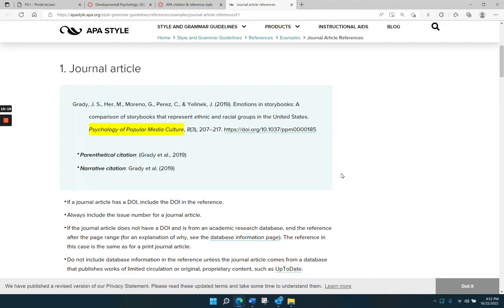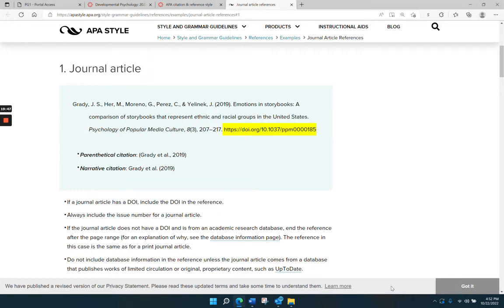That is italicized, and you capitalize everything except for of, and, things like that. Then in italics, you have the volume number. In regular font, so not italics, in parentheses, you have the issue number. And then you have the pages, give the full pages. And then you give a DOI.